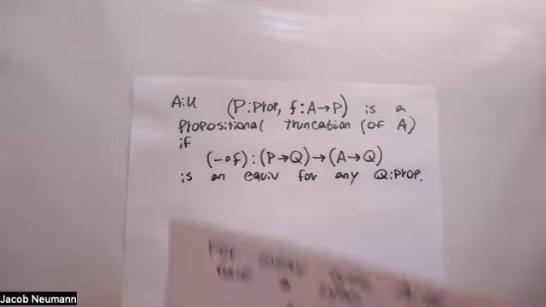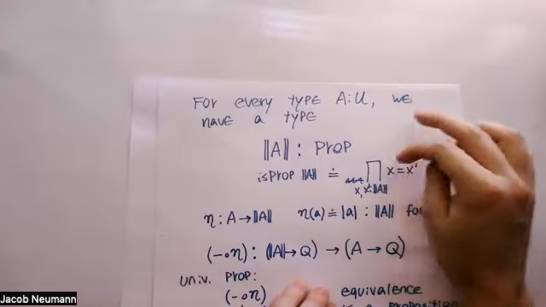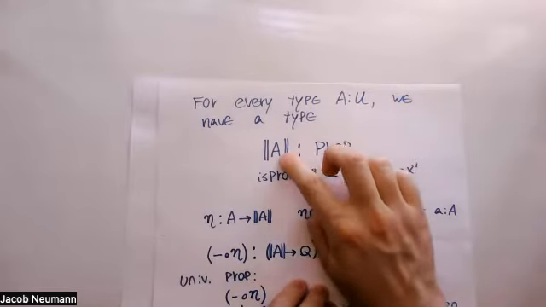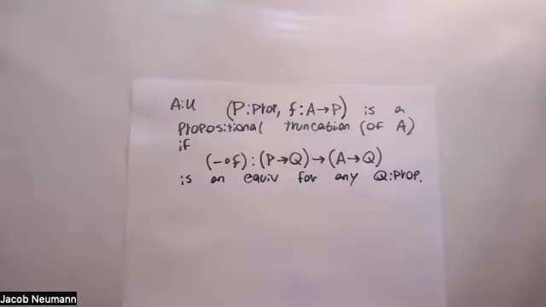But then I've been saying that we fixed a particular propositional truncation of A, which we're calling bracket A eta, which satisfies this property. The reason it's justified to use the word "the" in this context is that we have the 3 for 2 property.